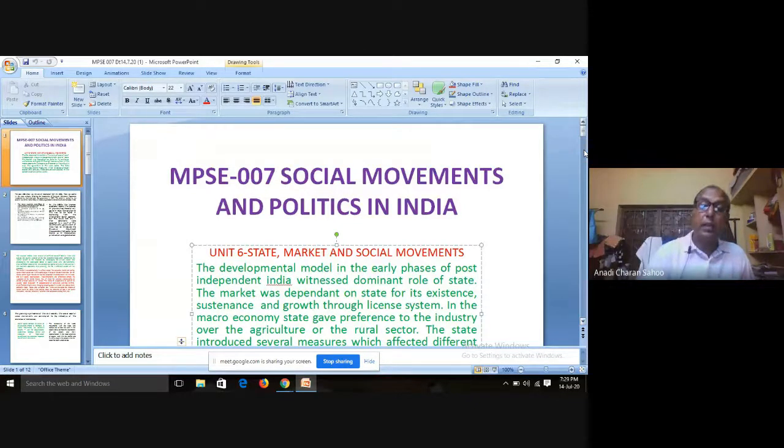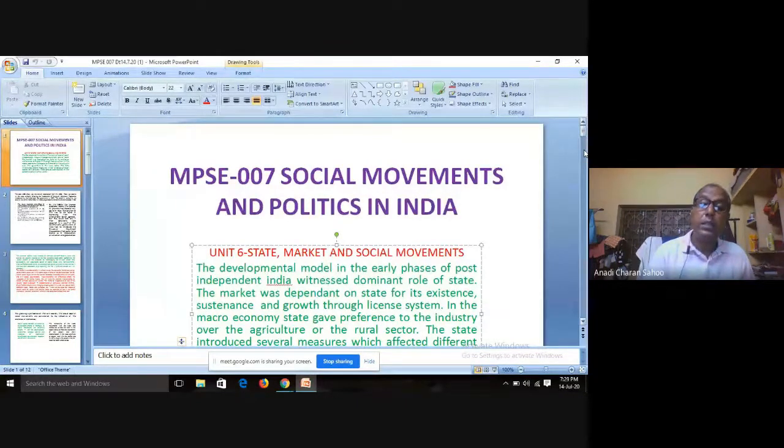Prior to that, prior to 1991, there was state controlled economy inside the country, and state had to play a dominant role in managing the economic order of the state.